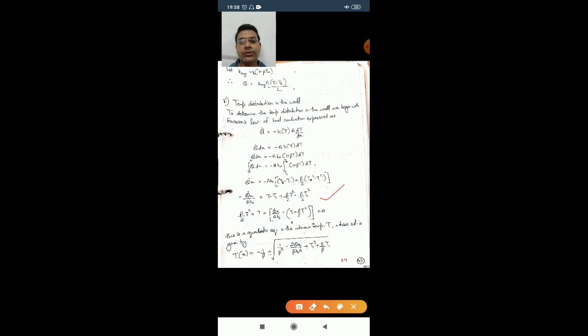Rearranging this equation, now you can see that this equation is quadratic in temperature T, whose solution can be given by Sridharacharya's equation. So this is the temperature.